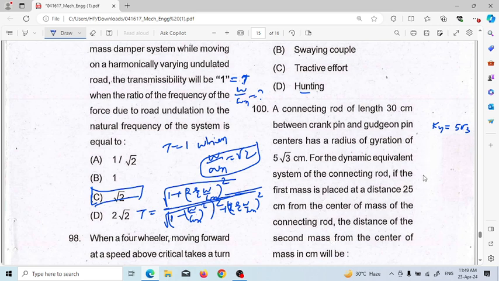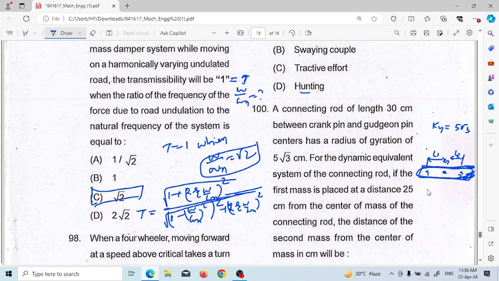This is the length of the connecting rod, this is the first mass, this is the second mass, this is L1, this is L2.